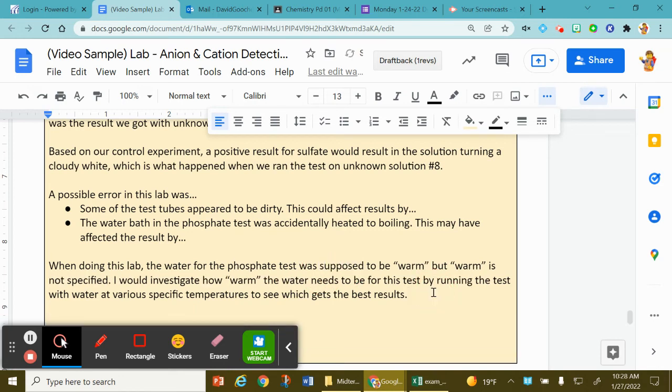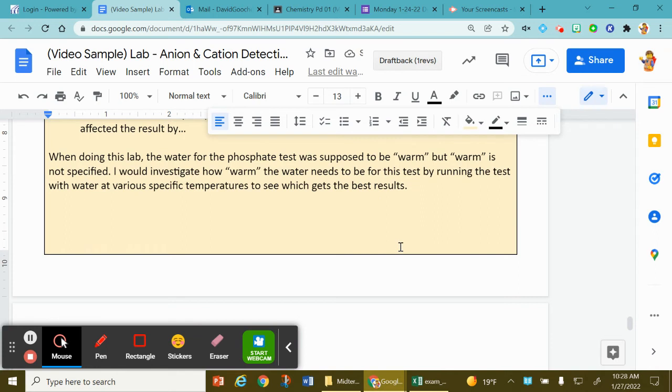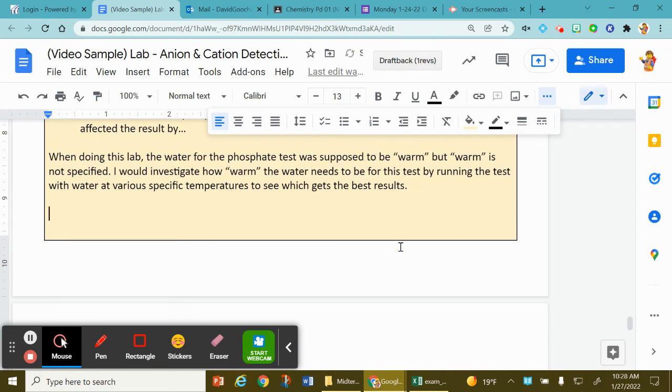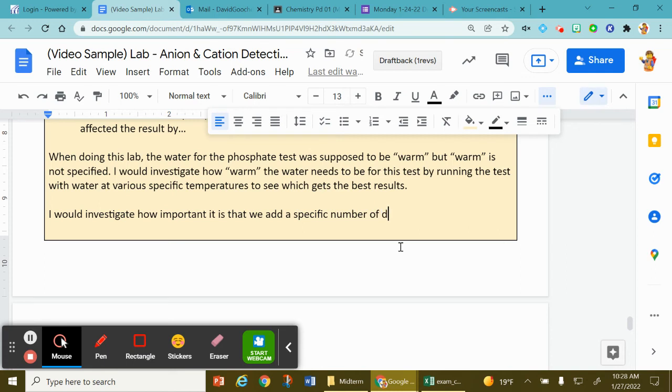Here's another one that I saw. I would investigate how important it is that we add a specific number of drops of each solution.